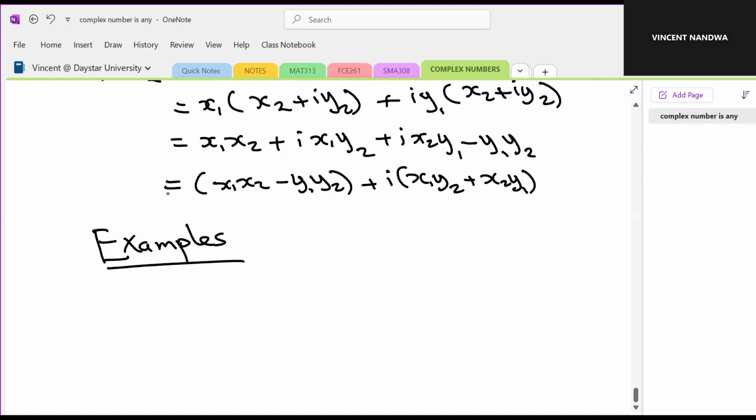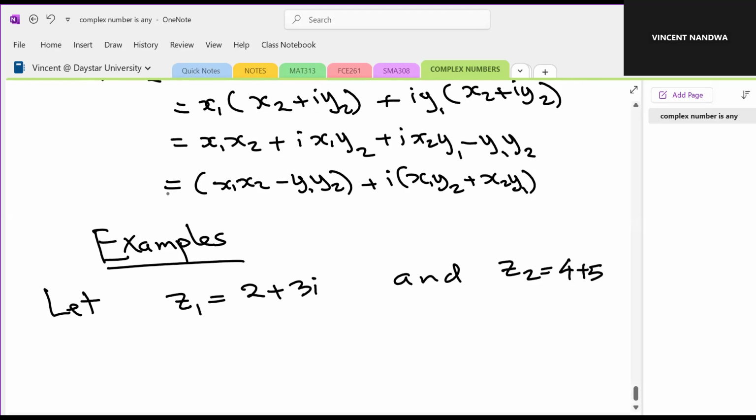So let Z1 be given by 2 plus 3i, and Z2 be given by 4 plus 5i.